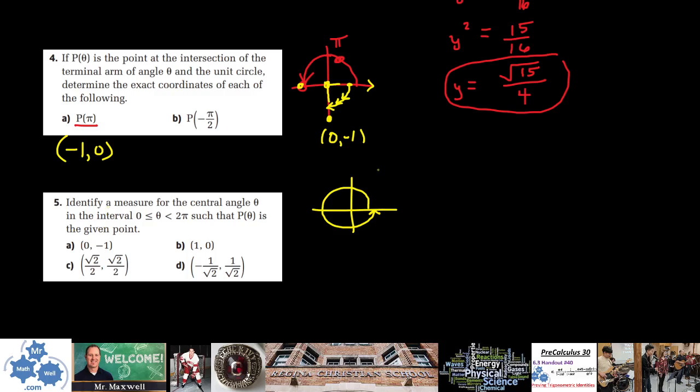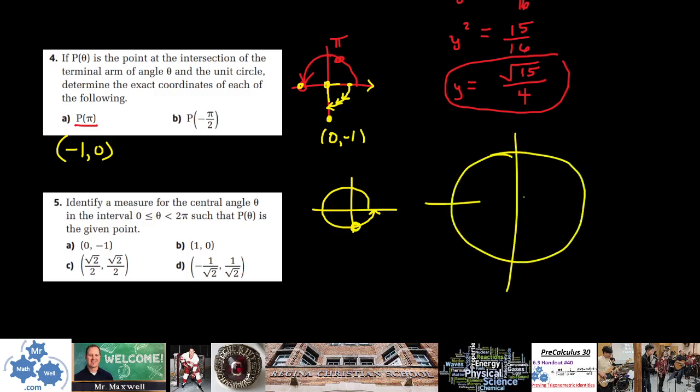Okay, so 0, negative 1, well, we just did that one. Now it's got to be from 0 to 2 pi. So I'll make this a little bit bigger. Okay, 0, negative 1 is this point right here. So we've got to go 1 pi over 2, 2 pi over 2, and 3 pi over 2.